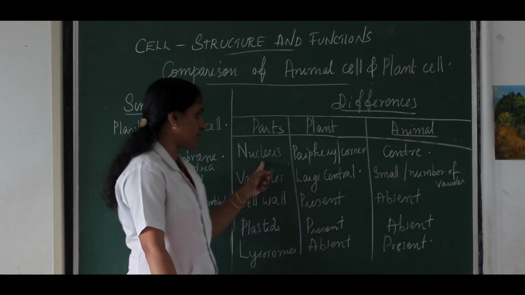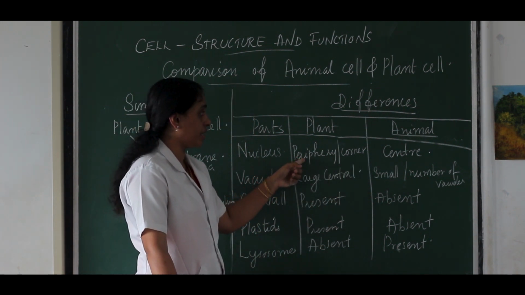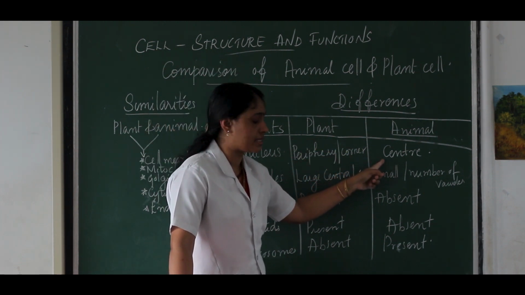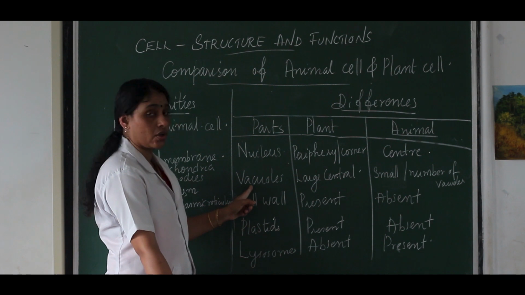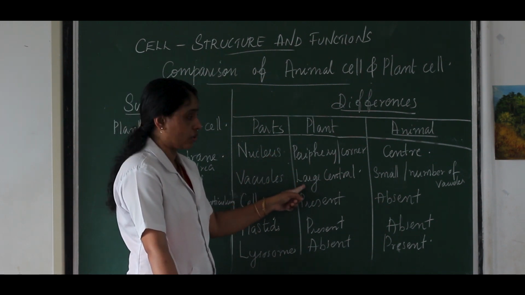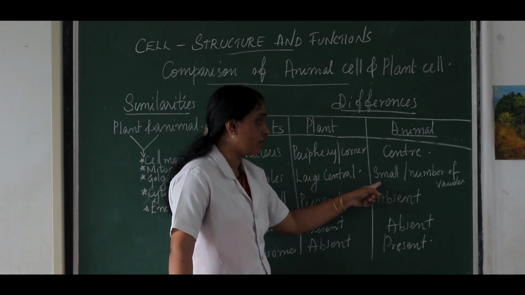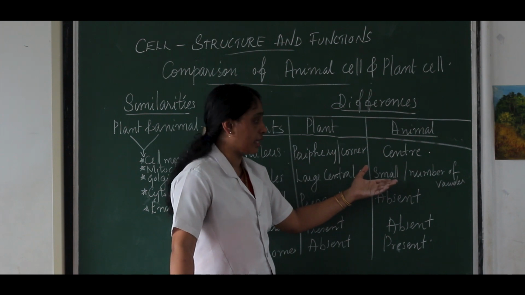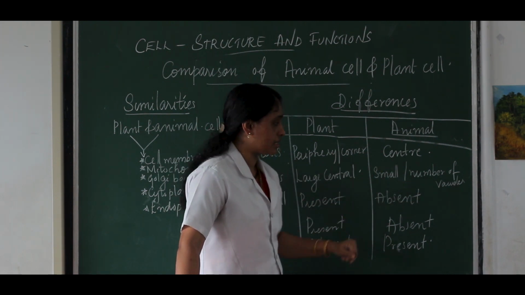Second one, vacuoles. The plant cell possesses a large central vacuole, while the animal cell has small vacuoles, sometimes very small, and sometimes they can be seen in large numbers.